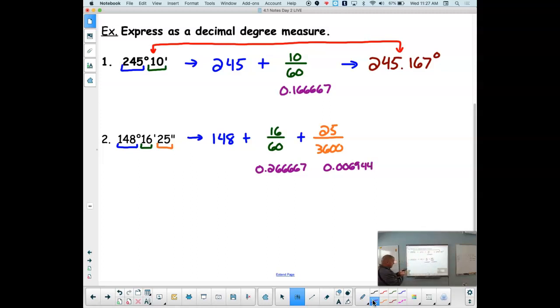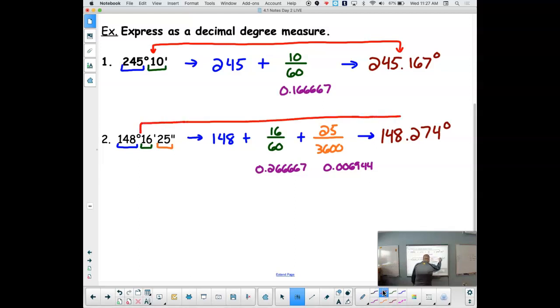Add those all together, and I get 148.2736111111. We'll call it 274 degrees. And again, these two would be equivalents.